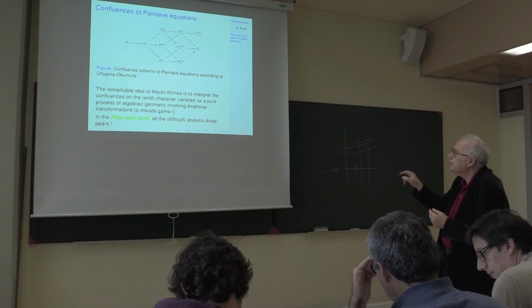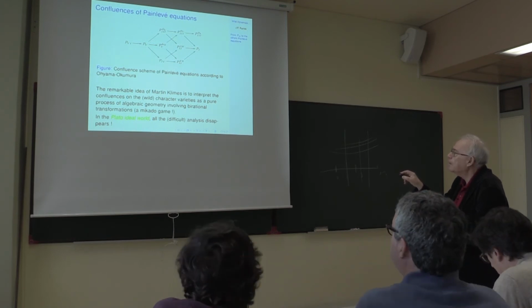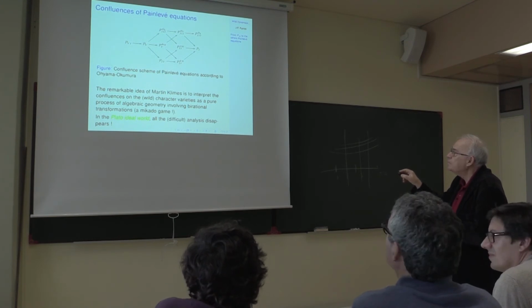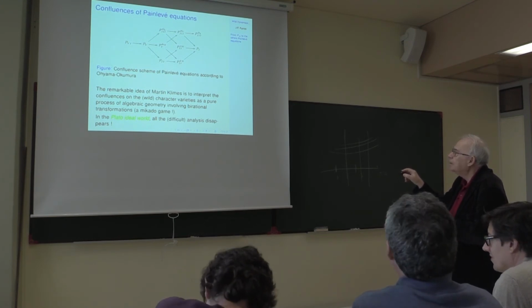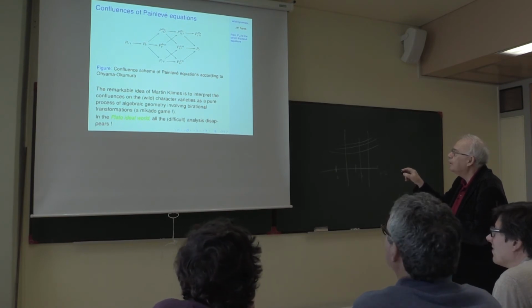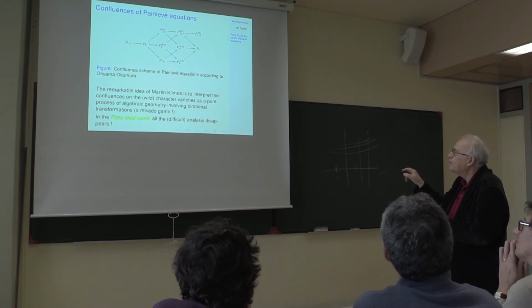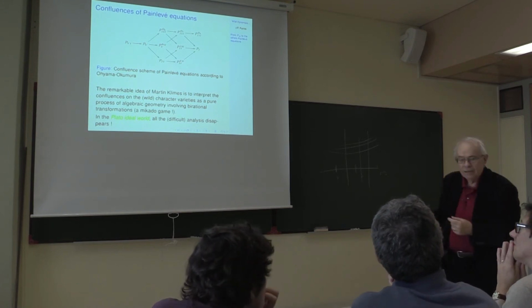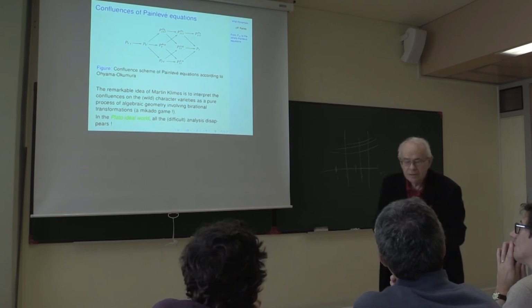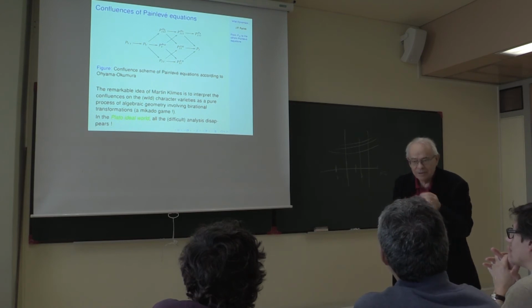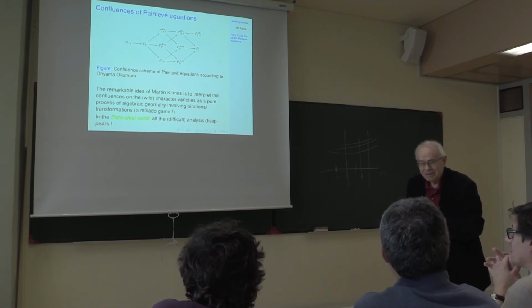And today there is a paper by Martin Klimes which explains in detail this confluence from P6 to P5. And with Martin and Emmanuel Paul in Toulouse, we are now writing a paper to describe this confluence. Is it always the blowdown of a line? Yes, it's always a blowdown of one line.